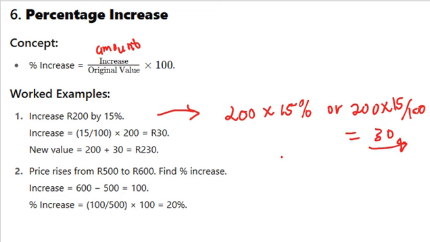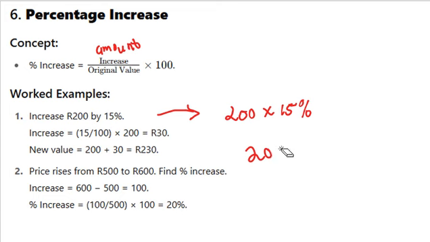When they say it increased, it means the increased value is gonna be 200, which is the original value, plus the 30 rand. Then it's 230. So this is our increased value. So understand that whenever they say increase something with a percent, you must find what is that amount that percent represents.